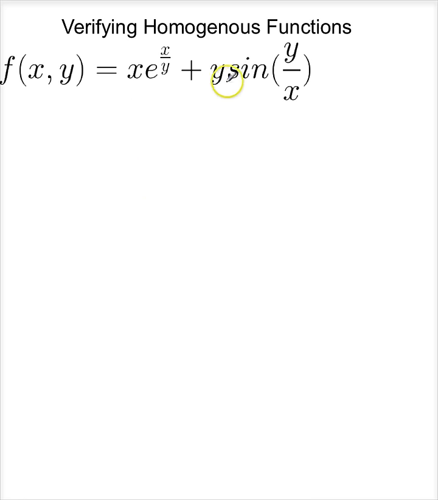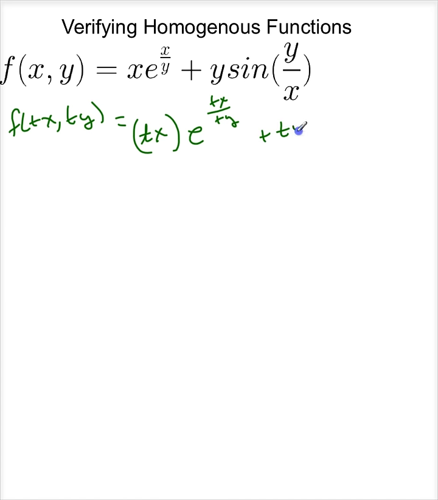Now let's look at this function right here. Let me plug in f of tx, ty. So this is going to be tx times e to the tx divided by ty plus ty sine tx, or ty, excuse me, divided by tx.